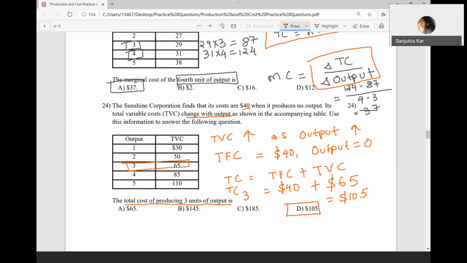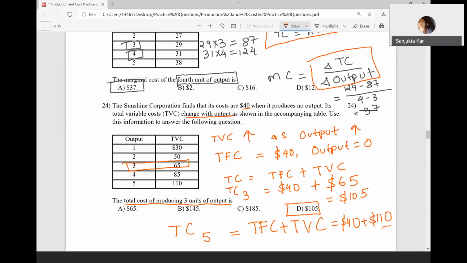Let me ask you something. What is the total cost of producing, instead of 3 units of output, let this be 5 units of output? This one is definitely total fixed cost plus total variable cost. Total fixed cost is going to stay the same, and what changes is the variable cost.